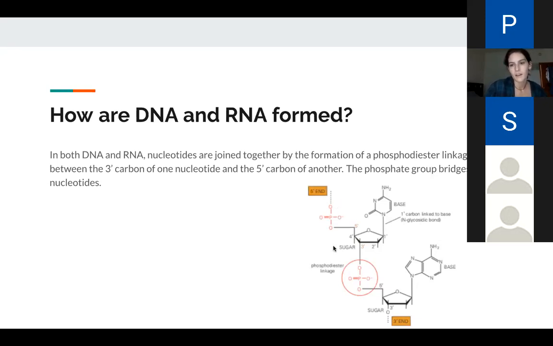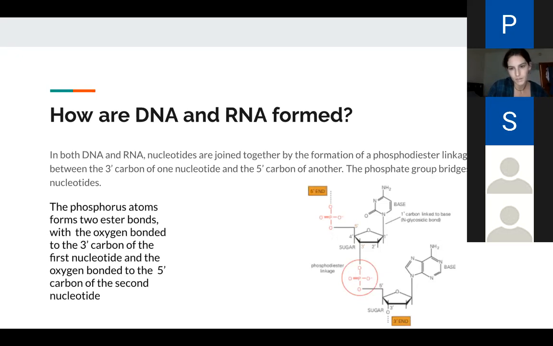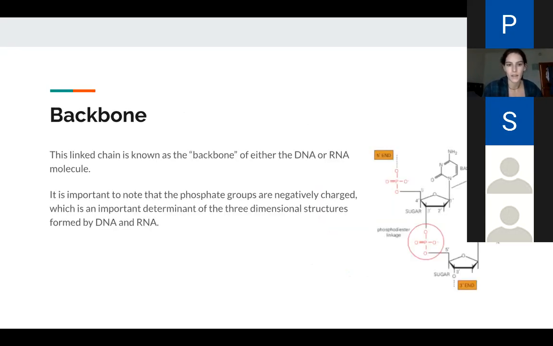There's a phosphate group in the middle that's bridging the two nucleotides. The phosphorus atom forms two ester bonds with the oxygen bonded to the 3' carbon of the first nucleotide, and another oxygen bonded to the 5' carbon of the second nucleotide.